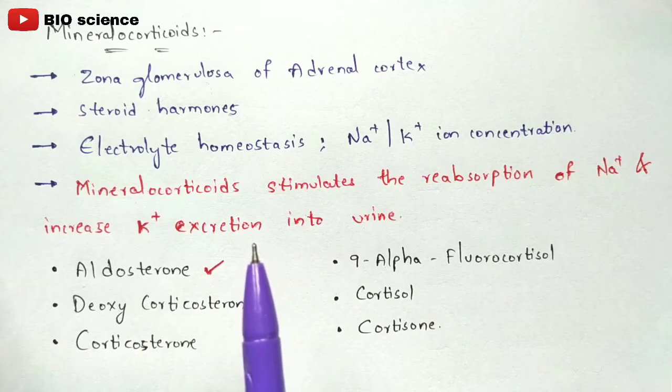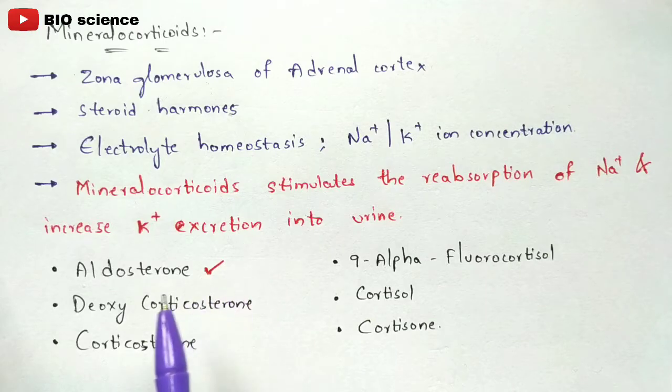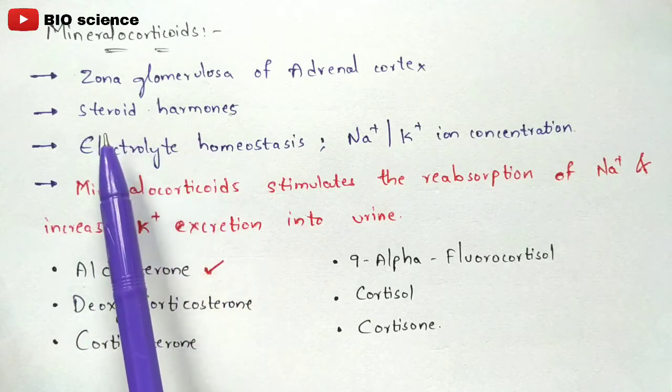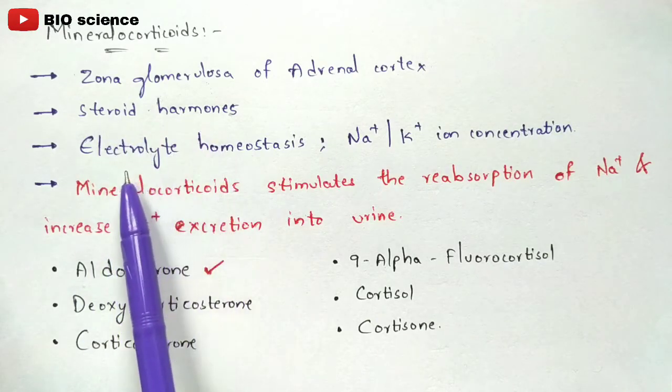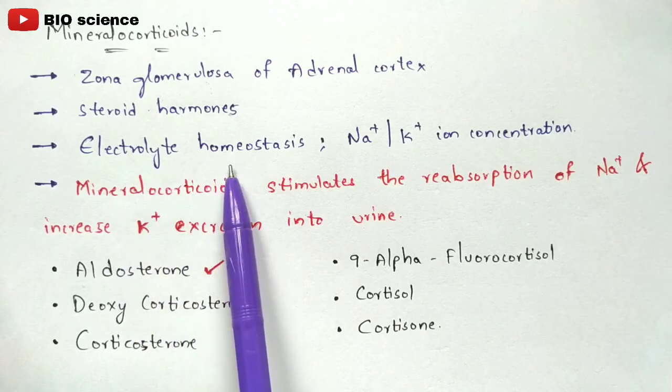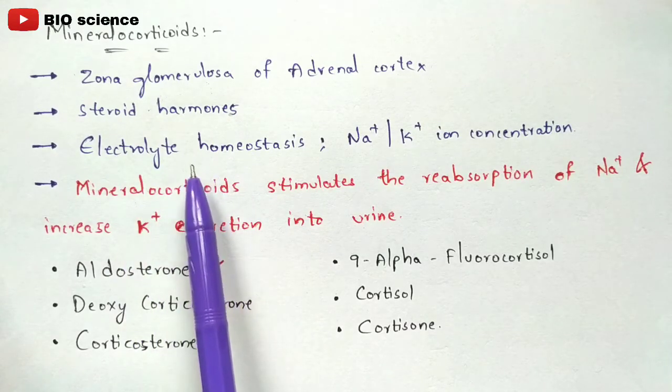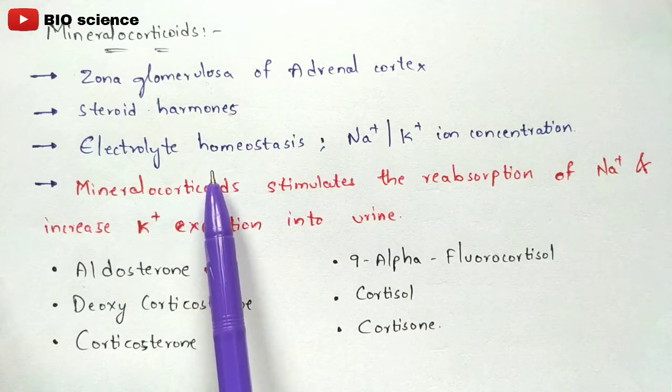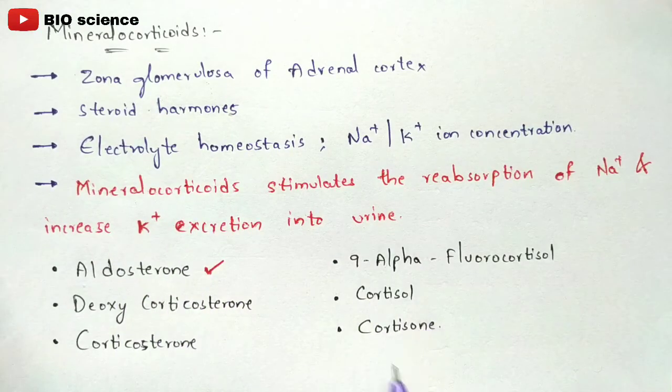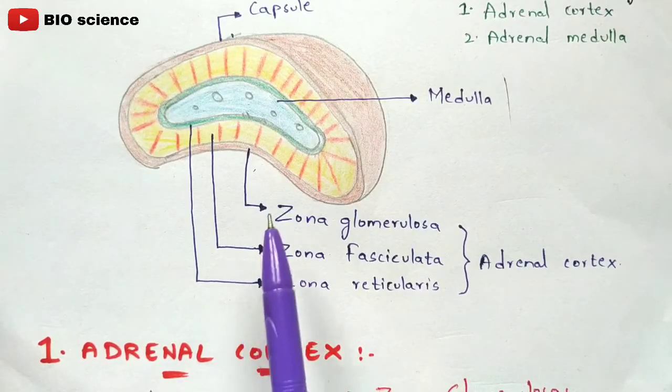And if someone asks you what mineralocorticoids are, you can say that mineralocorticoids are steroid hormones which play a major and vital role in electrolytic homeostasis. The sub hormones present in mineralocorticoids are aldosterone and all of these 6 hormones you have to mention there. So this is about the first layer called zona glomerulosa, right?